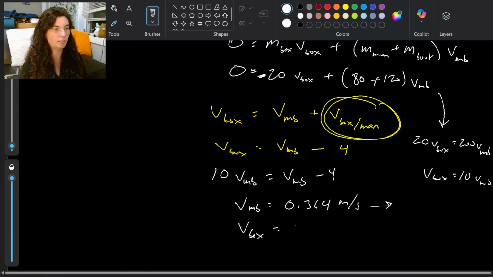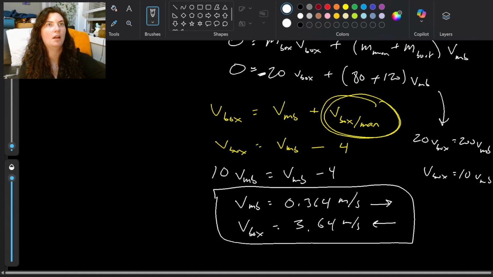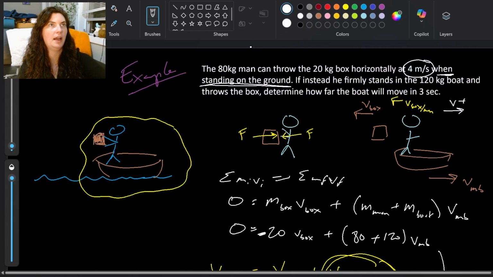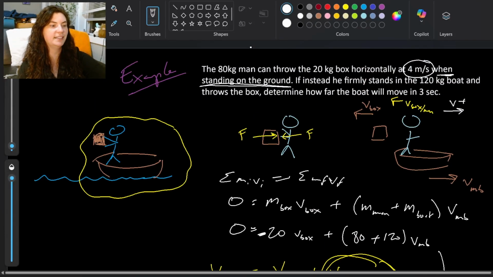So velocity of my box is negative 3.64 meters per second, or 3.64 meters per second to the left. And I boxed those, but I didn't actually answer the question at all. Right? I didn't need to find velocities. It wasn't what my question asked for. I needed to find velocities so I could find out how far the boat was going to move.